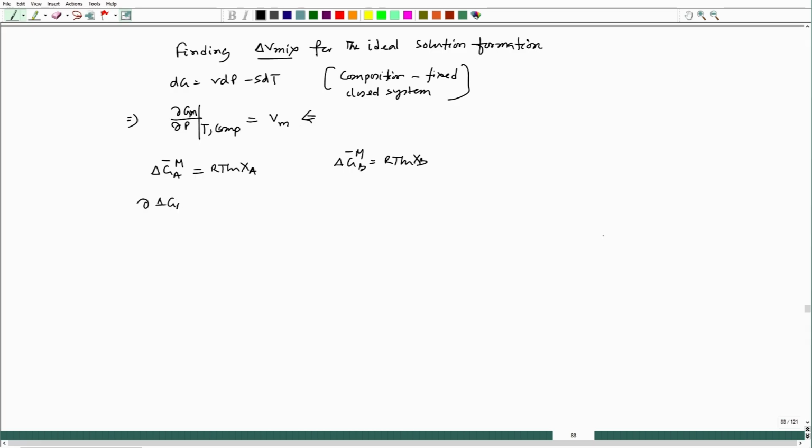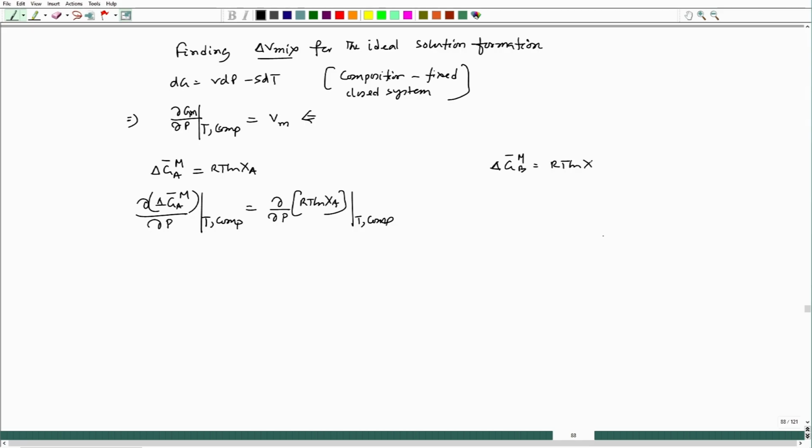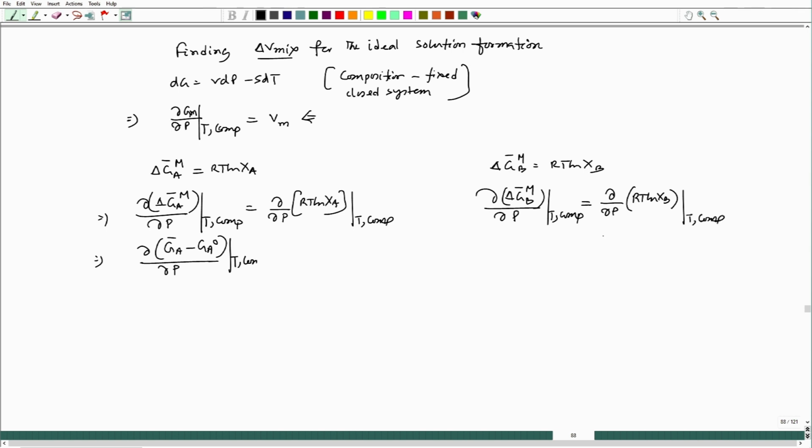Differentiating with respect to pressure at constant temperature and composition, this would get me G A bar minus G A naught divided by dP.